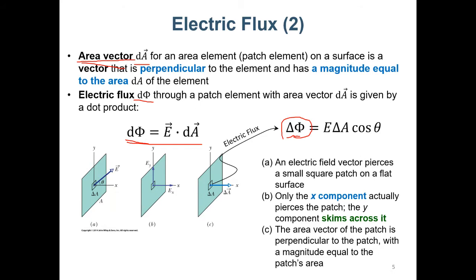The inner product means this is a two-vector inner product, so you multiply the magnitudes of them, and then you multiply by cosine theta.